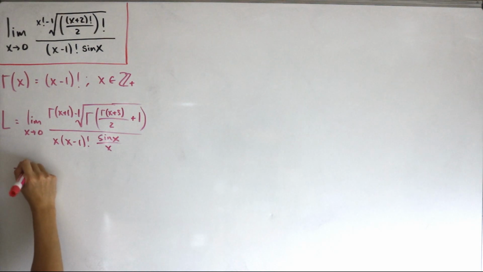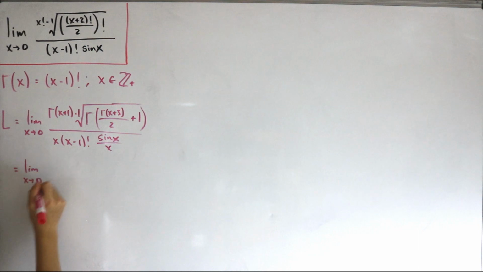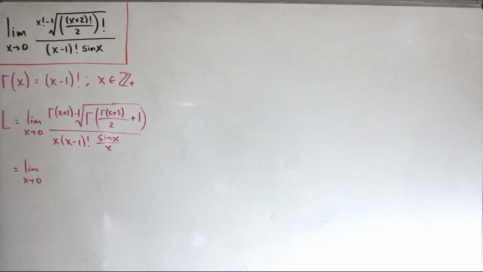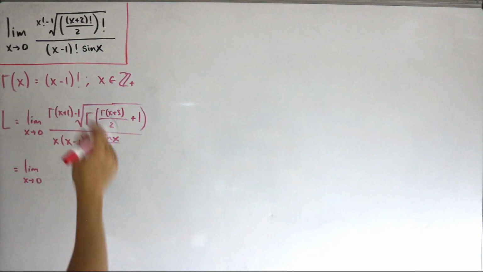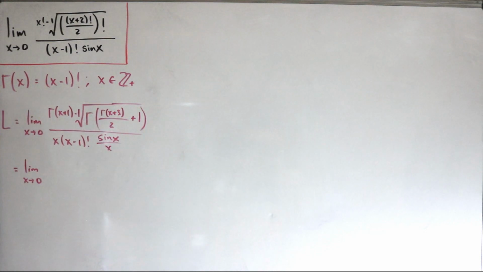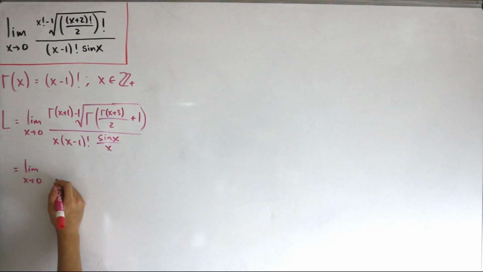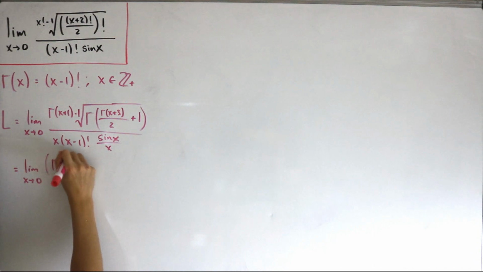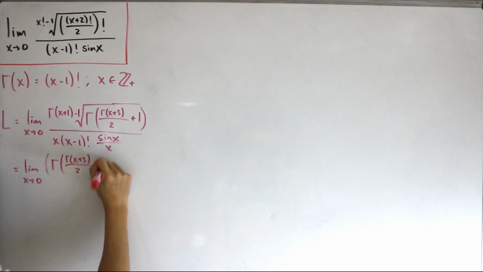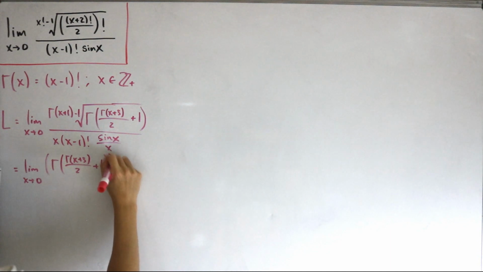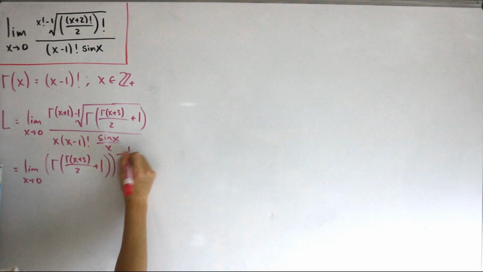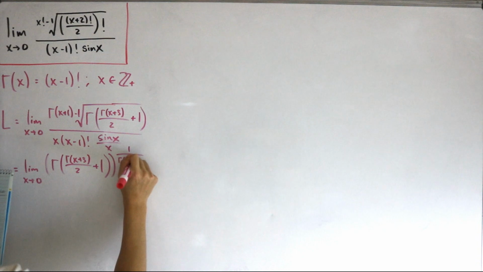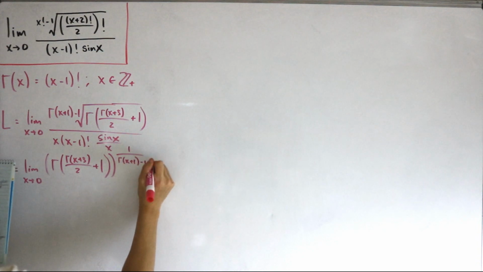So now I have the limit as x approaches 0. I'm going to write this radical in terms of an exponent, so the exponent is going to be a fraction. That yields the following: gamma of (x plus 3) divided by 2, add 1, close this off, and that is to the power of 1 divided by (gamma of x plus 1 minus 1).